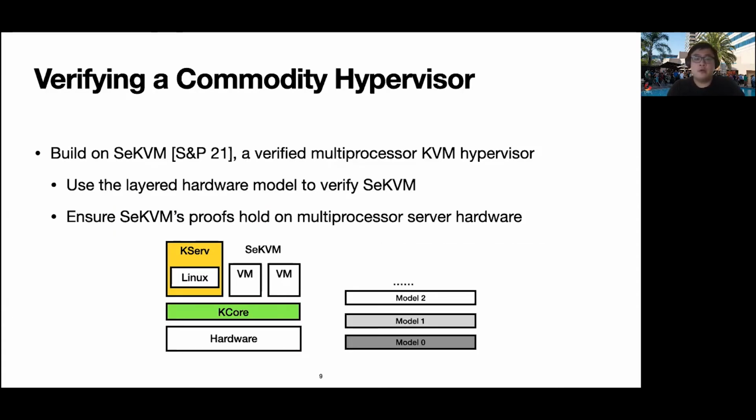We use the layered hardware model to verify a commodity multiprocessor hypervisor. We built on our previous work, SeKVM, that verified a multiprocessor KVM hypervisor, to ensure that SeKVM's proofs hold on the multiprocessor server hardware used in the cloud.